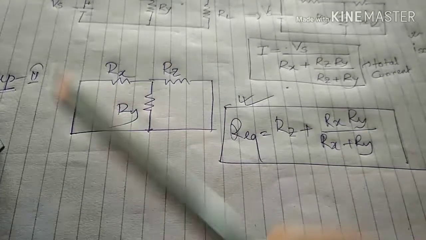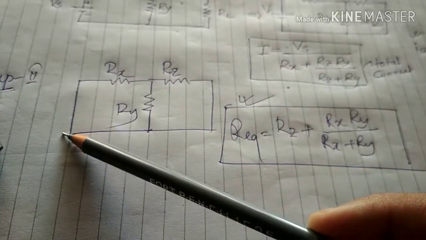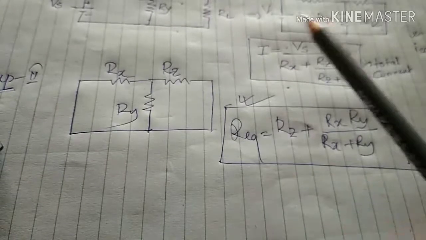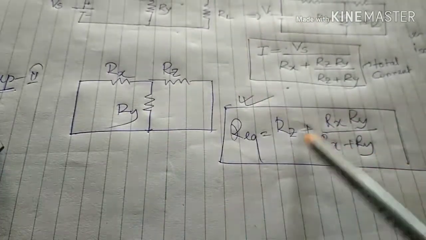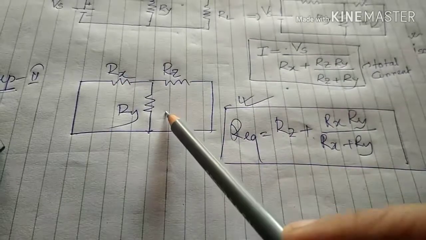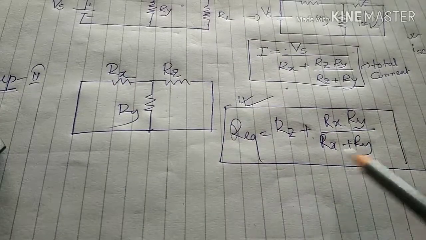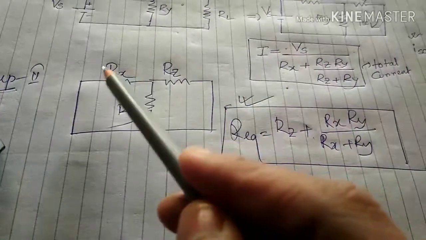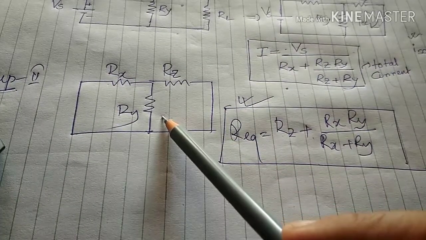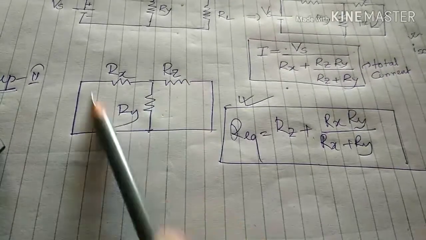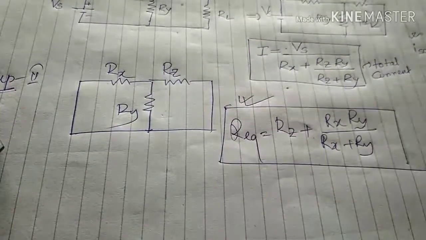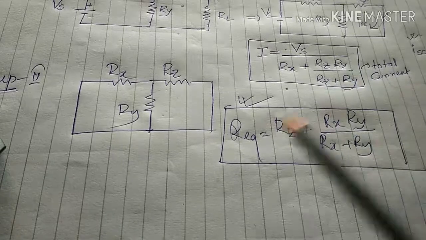This is a voltage source, so it is short circuited. So the equivalent resistance of the circuit is Rz plus Rx into Ry divided by Rx plus Ry, because Rx and Ry are in parallel and Rz is in series with this parallel branch. So this is the R equivalent.